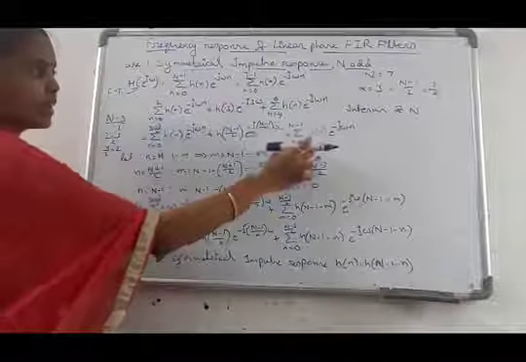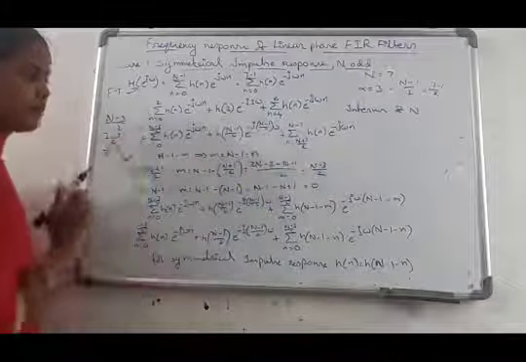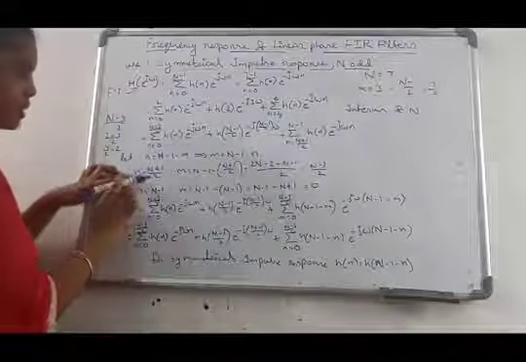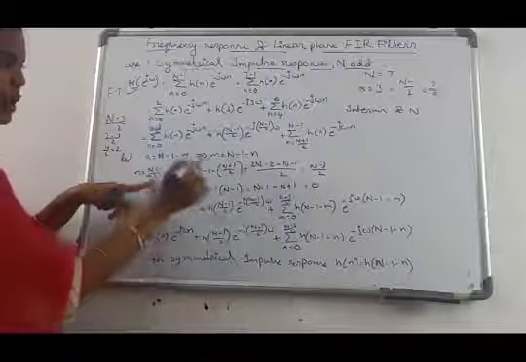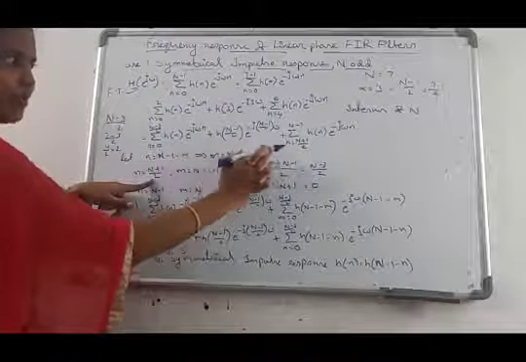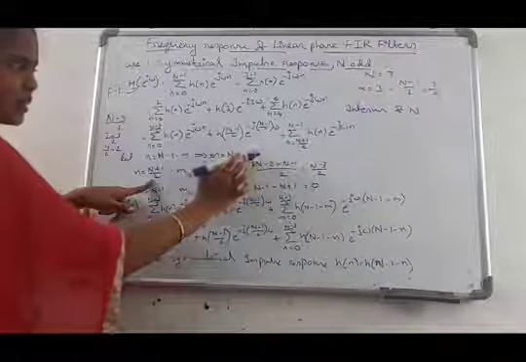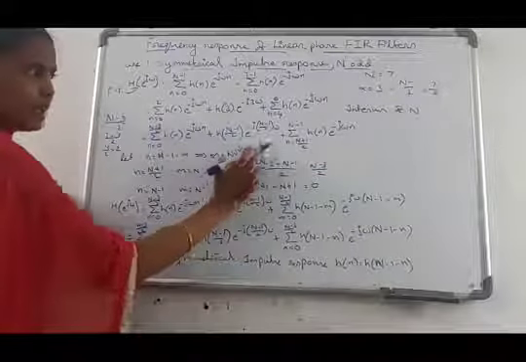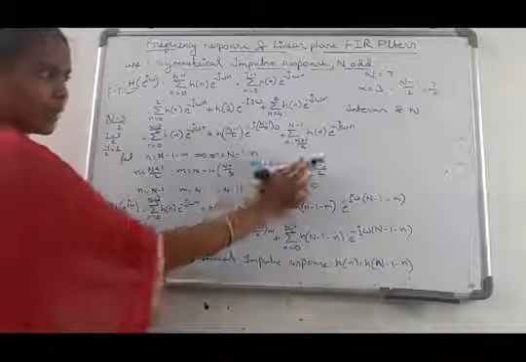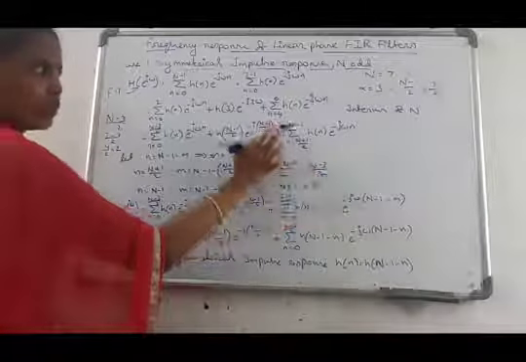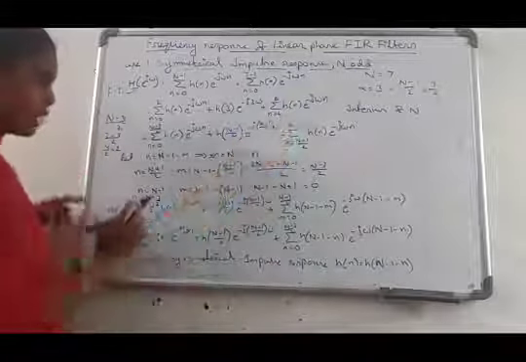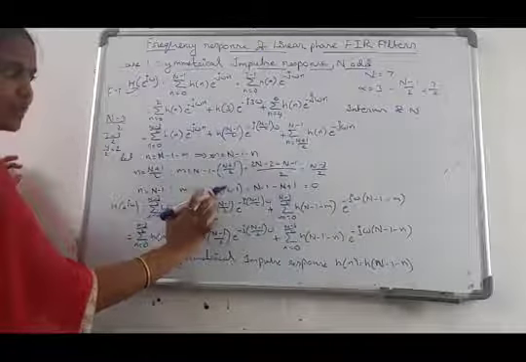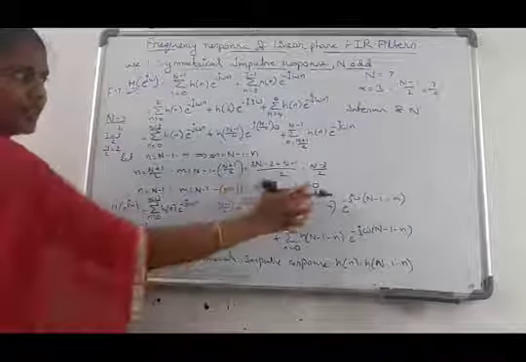In order to equate these two limits, first consider n equal to N plus 1 by 2 and substitute this n value in the equation. So m is equal to N minus 1 minus (N plus 1 by 2), and you get N minus 3 by 2. Now for the upper limit, consider n equal to N minus 1. Then m is equal to N minus 1 minus (N minus 1), so the limit is 0.